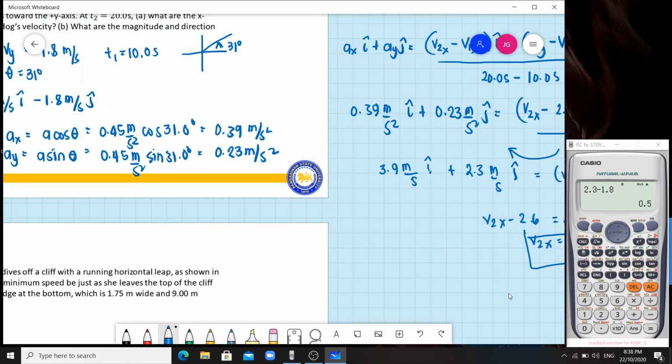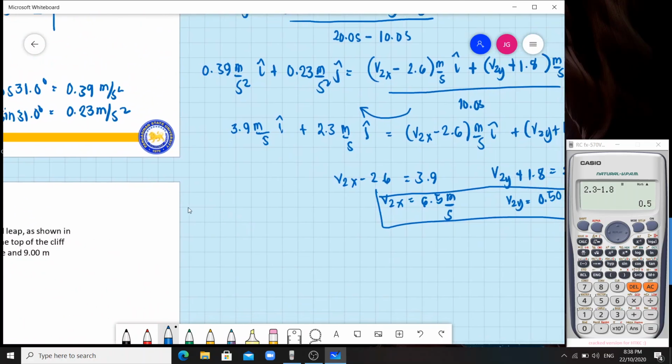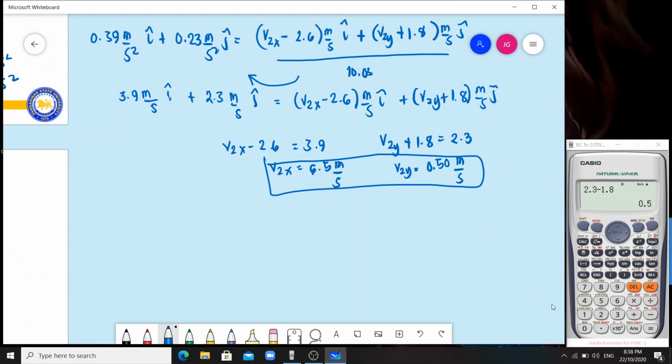Okay, and then letter B is what are the magnitude and direction of the dog's velocity. Okay, the magnitude, of course, can be solved as square root of Vx squared plus Vy squared, diba? So V is equals to square root of 6.5 meters per second squared plus 0.50 meters per second squared.